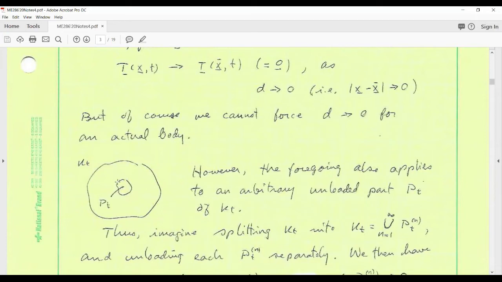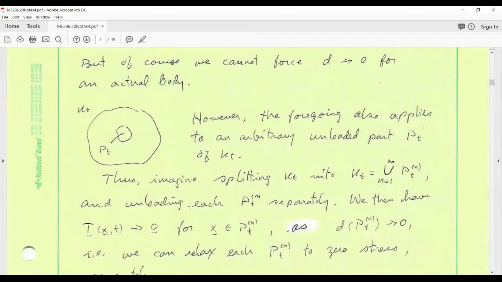Now, we can imagine surgically removing this P sub t from the rest of the body and removing all the loads on P sub t. Okay? So we can imagine splitting the configuration kappa t into a number of subbodies and unloading each one of those separately.